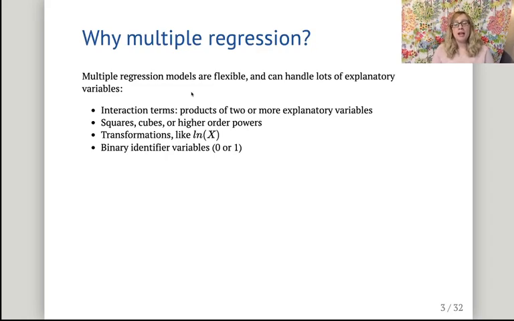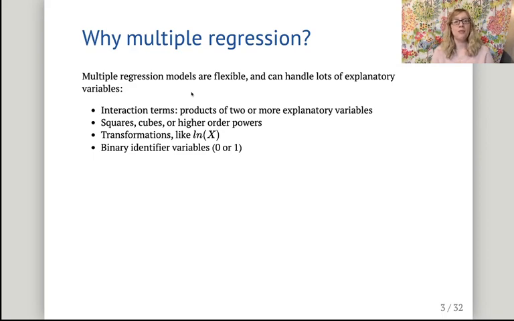So why might we want to extend our model? Well, having multiple explanatory variables in the model can be a good thing, especially when you're looking at data from large experiments or large studies where you have many variables that you want to incorporate. Multiple regression models are very flexible. You can add additional terms or you can add functions of your variables.